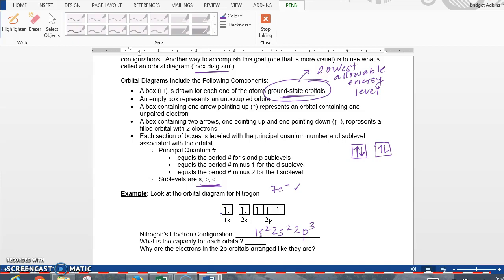And so 1s has 1 box and it's full with its 2 electrons. 2s has 1 box and it's also full with its 2 electrons. And then notice what's happening with P. There's 3 spots for electrons, but notice they're all occupying the empty ones before they pair up.